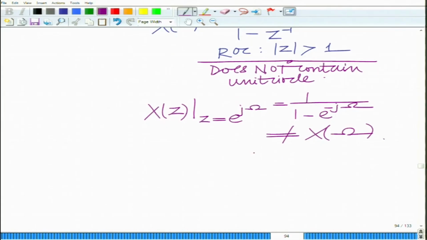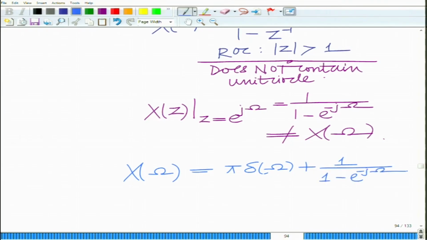In fact, you can show that X of omega for the unit step signal is given as something slightly different, that is pi times delta of omega plus 1 over 1 minus e raised to minus j omega.